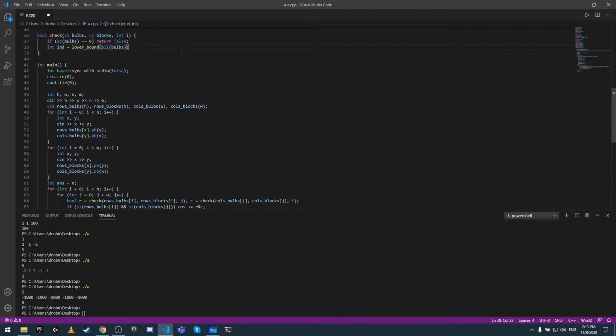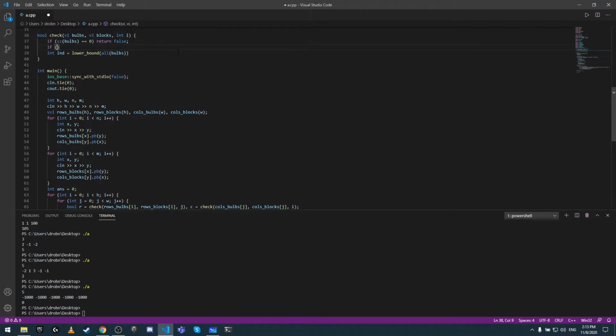So if size of blocks equals 0, then we return true, because by this point there must be a bulb. So if there is no block, then it's definitely lit up.